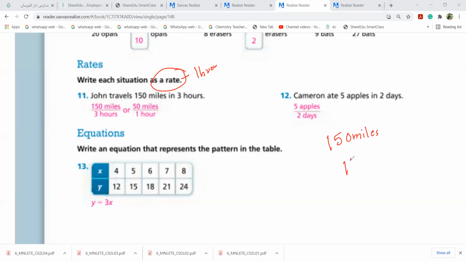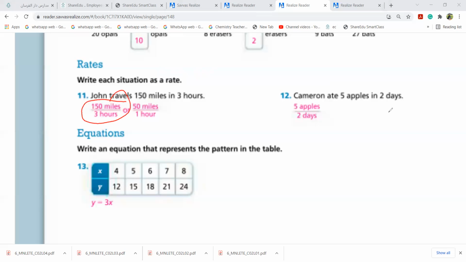In 3 hours, like this. 150 miles in 3 hours. So 1 hour, how much? You write 150 over 3 hours, miles.